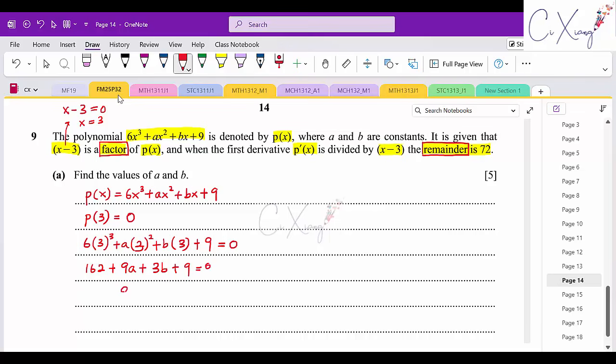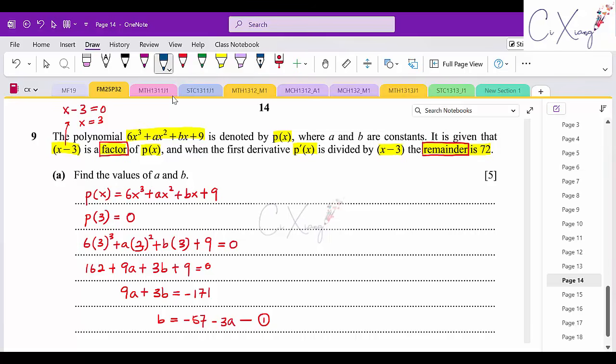From here, I rearrange everything slowly to get a in terms of b, or b in terms of a also can. So I will have b equals negative 57 minus 3a. I assume this is the first equation I get, because to get the values of a and b, I need two different equations to solve simultaneously, right? Okay, so I'm done with the first part of the question.